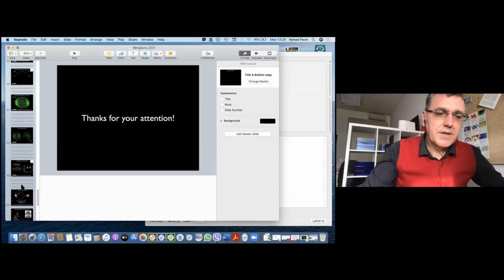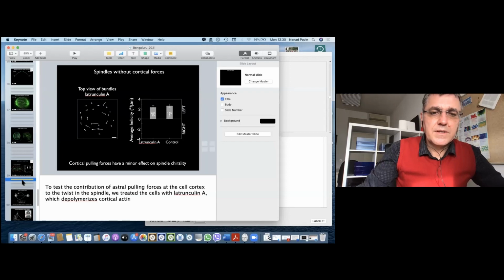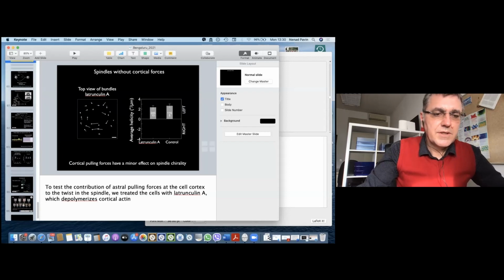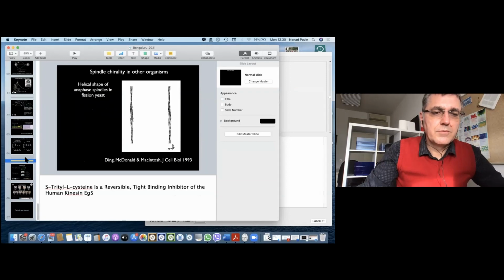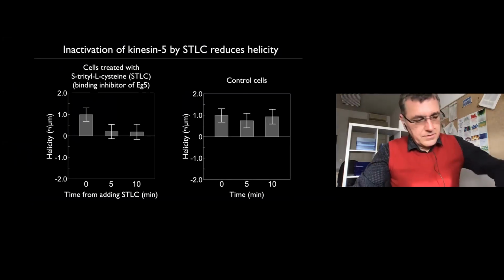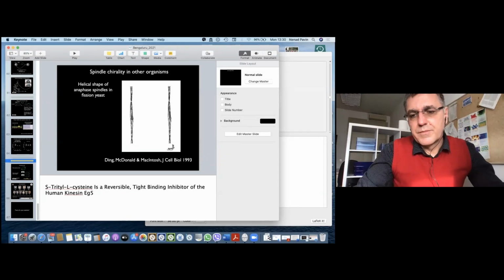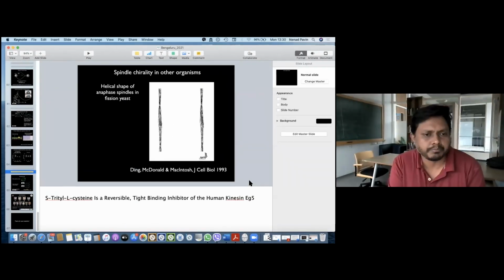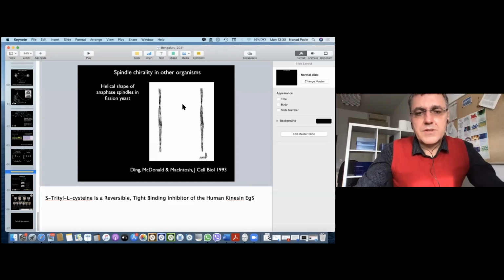Maybe I can find some. I hid some slides just to not overwhelm you with too many data. But this is, okay, I cannot show it that way. Do you see my screen? I do. Okay. So here is the shape of two yeast spindles, and it is well documented that they indeed have this twisted shape.